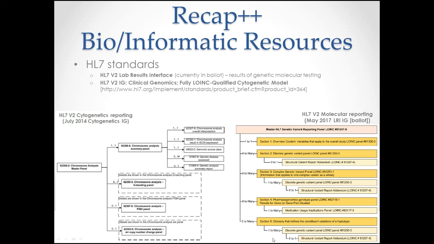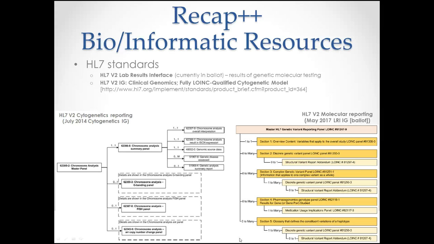And so I point that out because when we start thinking about decision support, it's going to be important that we can recognize the redundant or the multiple ways that alleles can be represented in electronic health records.